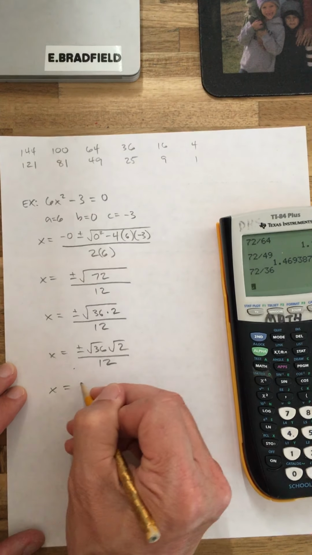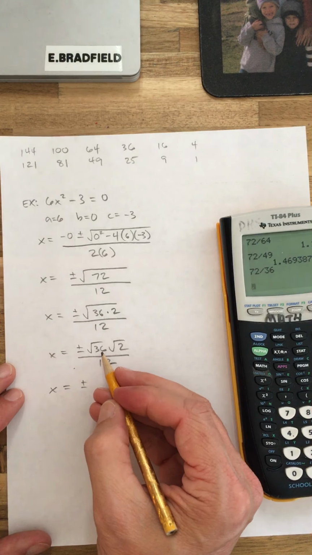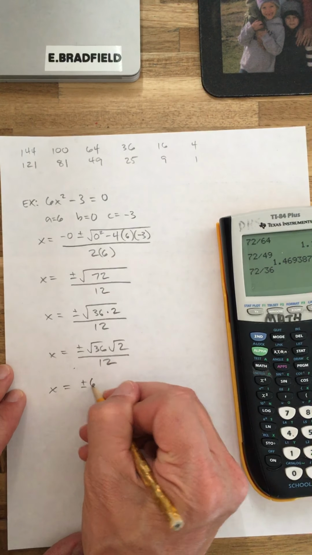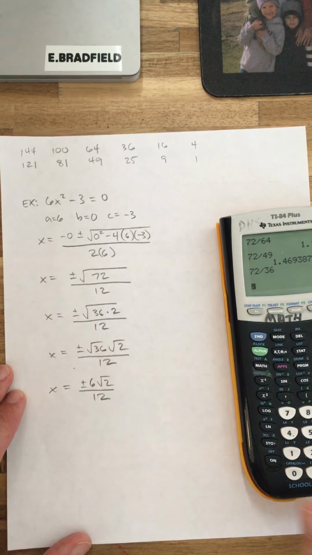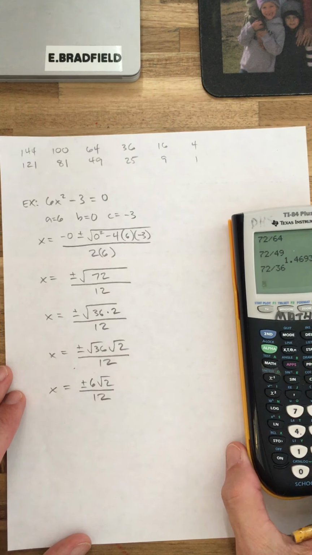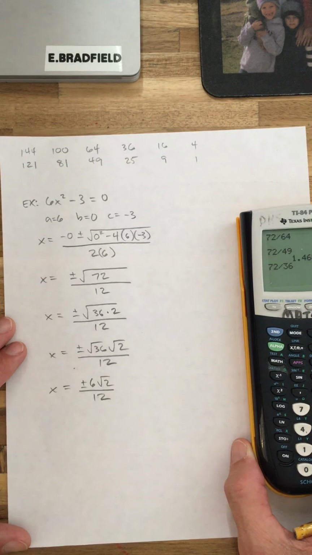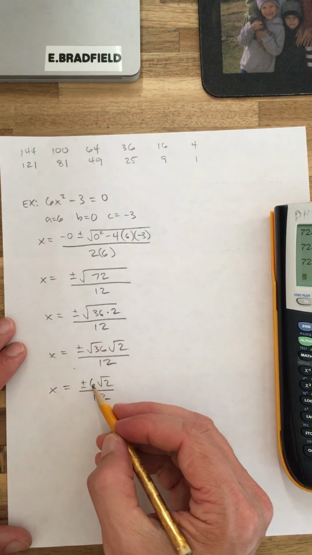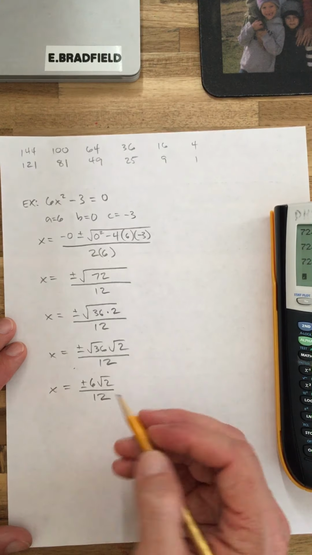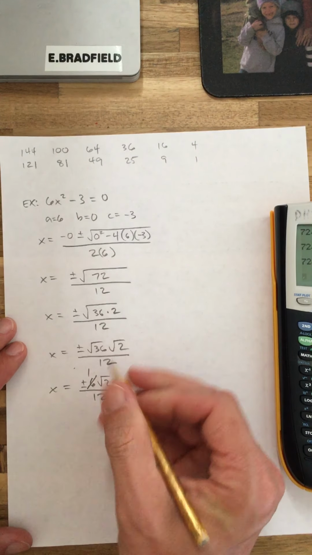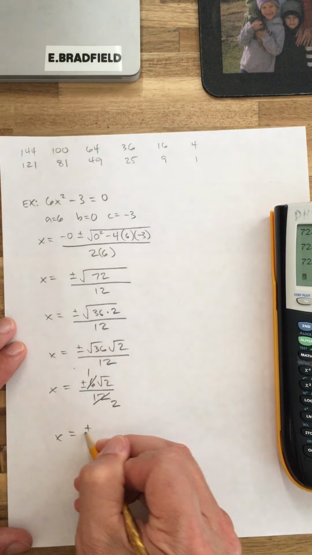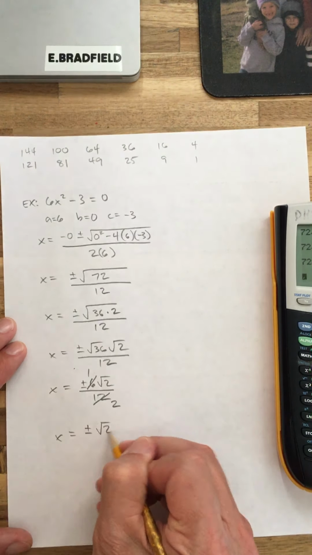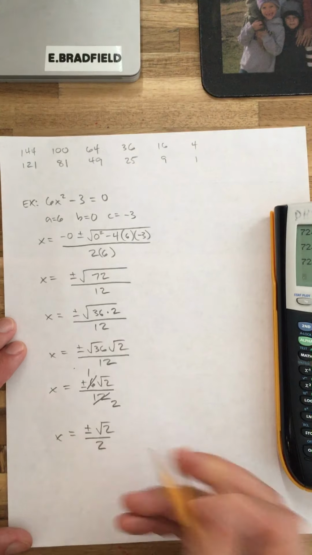The square root of 36 is 6, times the square root of 2, all over 12. For the very last step, notice this 6 and this 12. 6 goes into 6 one time and into 12 two times. So x equals plus or minus radical 2 over 2.